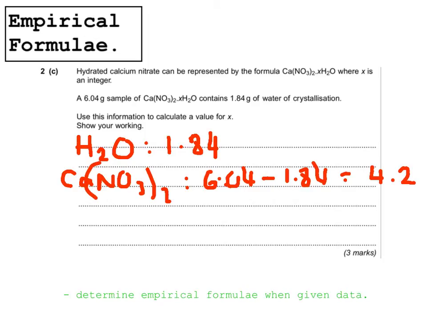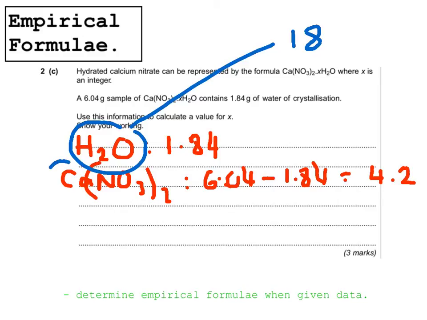Now what we've got to do is work out the relative masses of the water and the calcium nitrate, because that is what we're going to be dividing these two masses by in order to get a ratio. So water, as we know, has a relative mass of 18, that's 16 for oxygen, plus 1 for each of the hydrogens, there's two of them altogether.